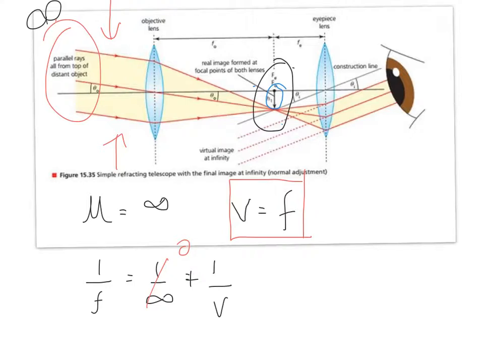Now, what are our construction rays to do this? Well, the center construction ray continues the same way, straight through the center. So the best way to draw the image would be to just draw this one construction ray and then join it with the object height at the focus point there. Now, once you have that, you can draw the other two rays.